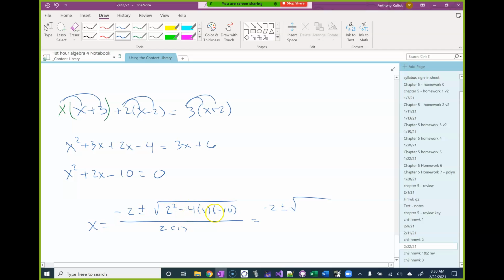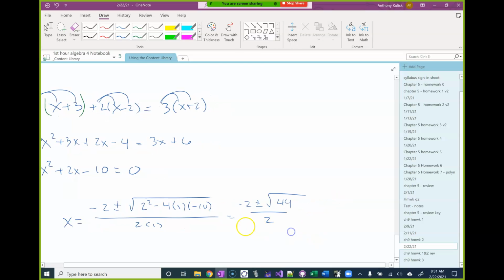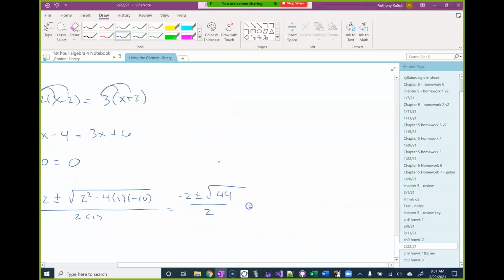So 4 plus 40 is 44. And 44 is really 4 times 11, right? So the square root of 44 is the square root of 4 times the square root of 11. And that can reduce down to just 1 plus or minus the square root of 11.